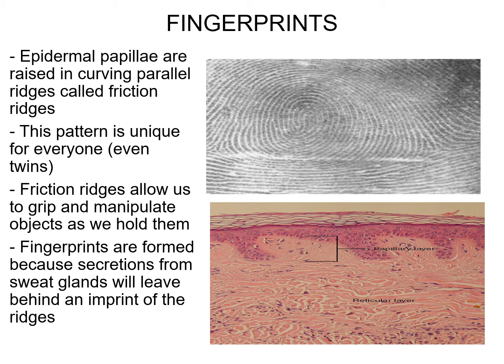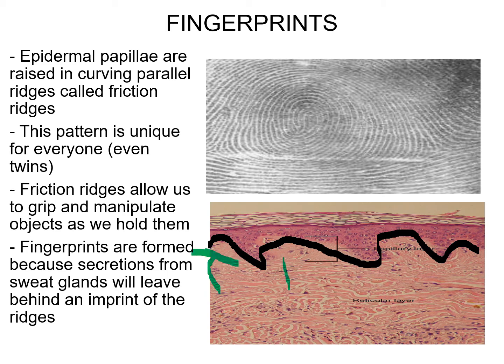So the indentations, as I continue to draw this dermo-epidermal junction, if you look at the bottom picture, you see this kind of up-down wavy fashion all throughout the skin. And these finger-looking structures that I'm highlighting in green that kind of indent into the epidermis, those are called dermal papillae.